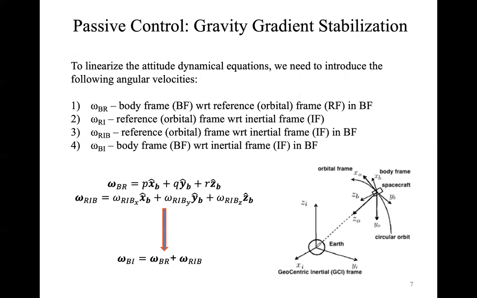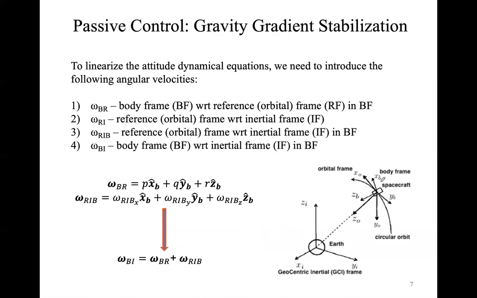So this is the Earth, and this is the inertial reference frame. Your spacecraft is moving along this circular orbit, and you have your xb, yb, and zb, your body frame. The orbital reference frame is defined as we have seen before: z0 corresponds to the yaw axis, x0 the roll axis, and y0 the pitch axis.